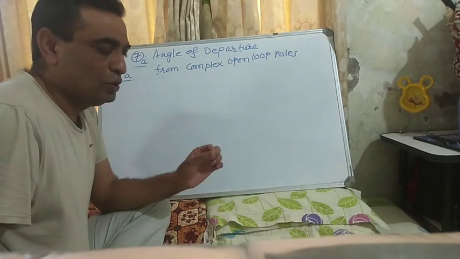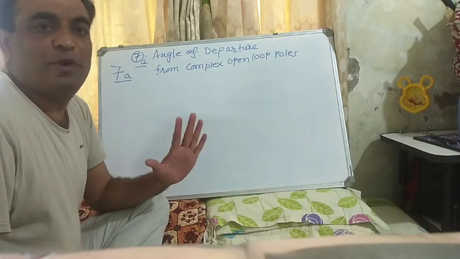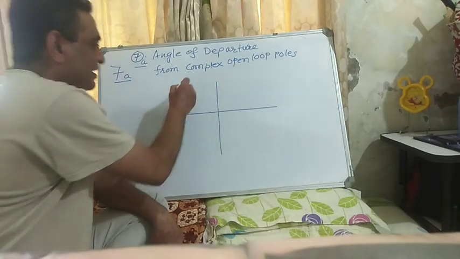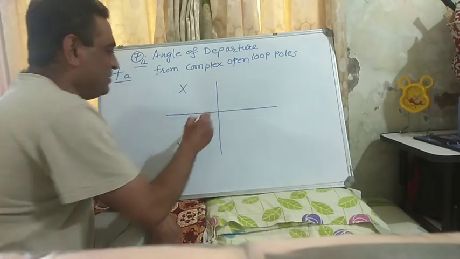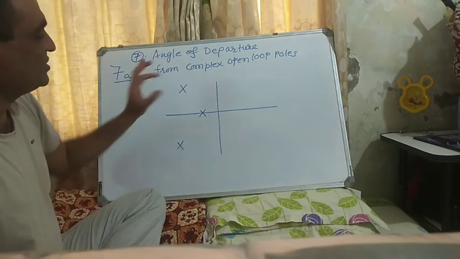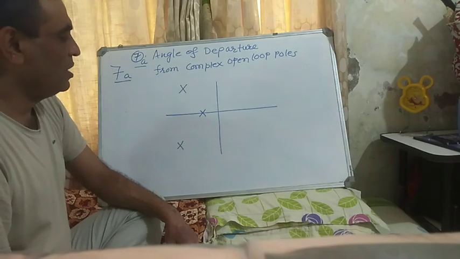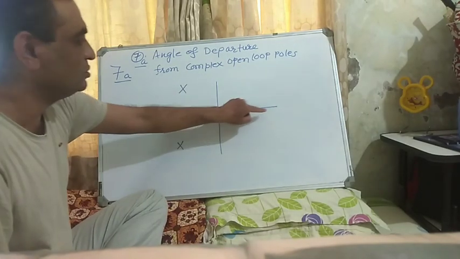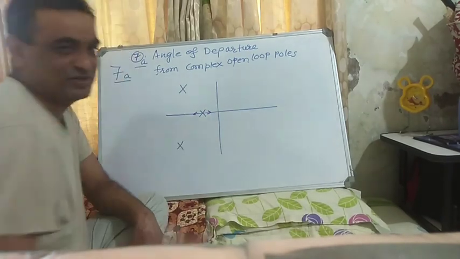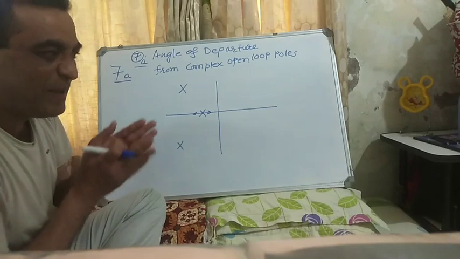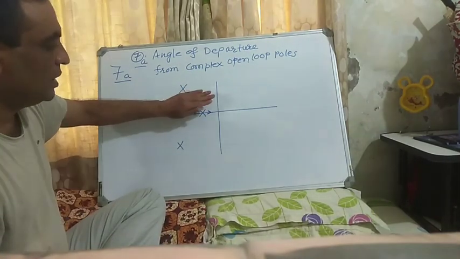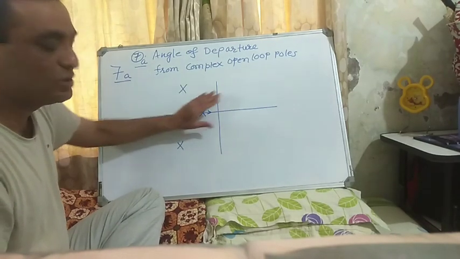Now we know that the root locus starts from open loop poles. So this may be the s plane. There can be complex open loop poles also. There can be real poles also. Now the root locus will start from this open loop pole. As far as the pole lies on the real axis, I don't have a problem because they will move either in this direction or in this direction. So their departing angle is completely known when the open loop pole is on the real axis.